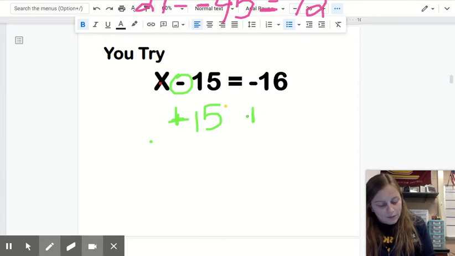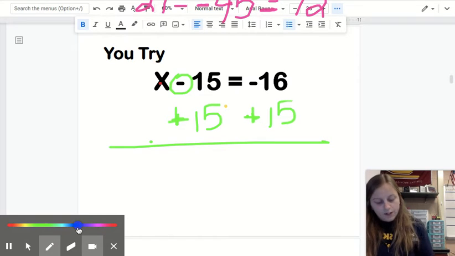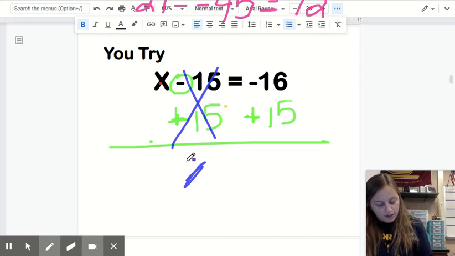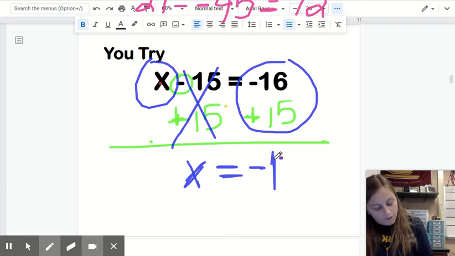If I do it to one side, I'm going to do it to the other as well. So again, adding 15 to both sides. Over here, a minus 15 and an add 15 cancel out. I'm just left with x over here. Then negative 16 plus 15 is going to give me a negative 1.